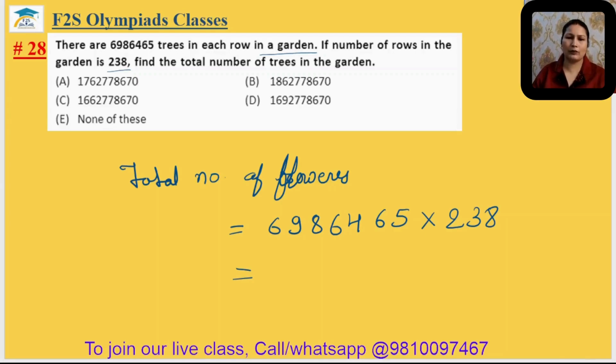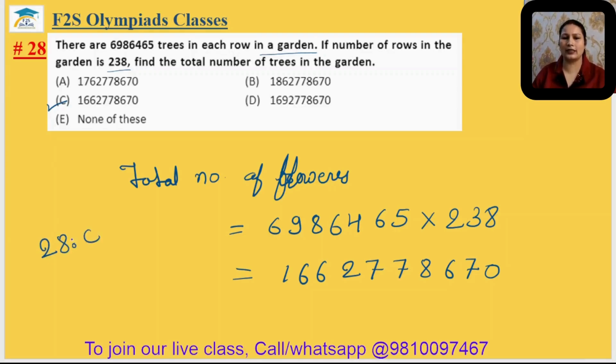So you will get 1662778670. This is the number of flowers, and it is available in option C. 28th answer is option C.